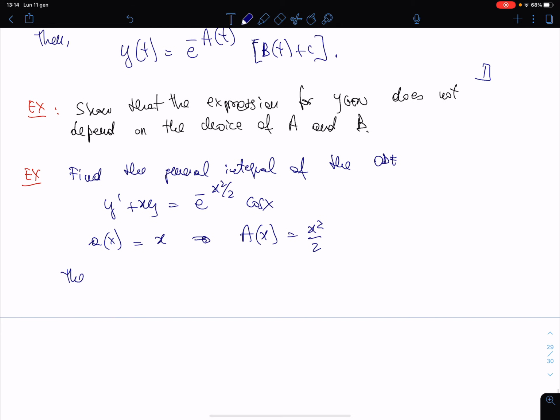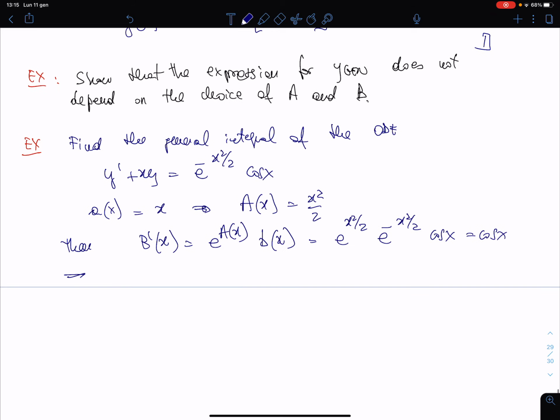Then b prime of x is equal to e to the power A of x times b of x, so e to the power x squared over 2, and then e to the power minus x squared over 2 cosine of x, and this is cosine of x. And so as capital B of x you can take sine of x.